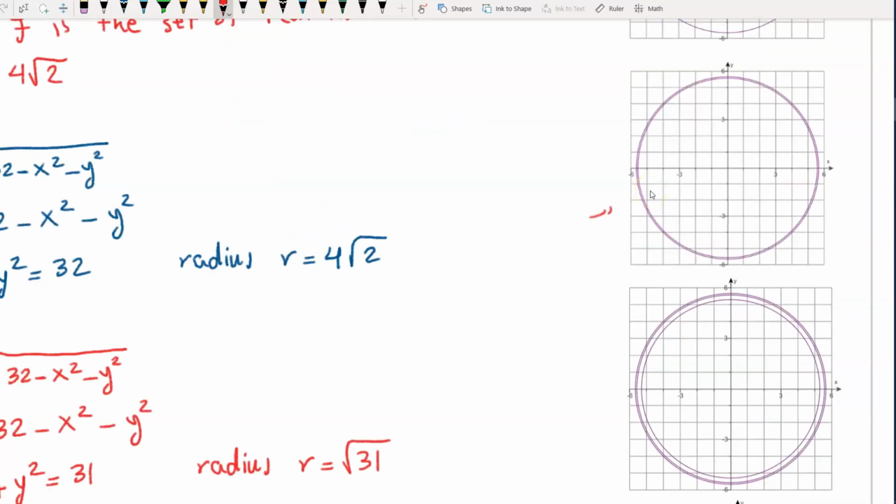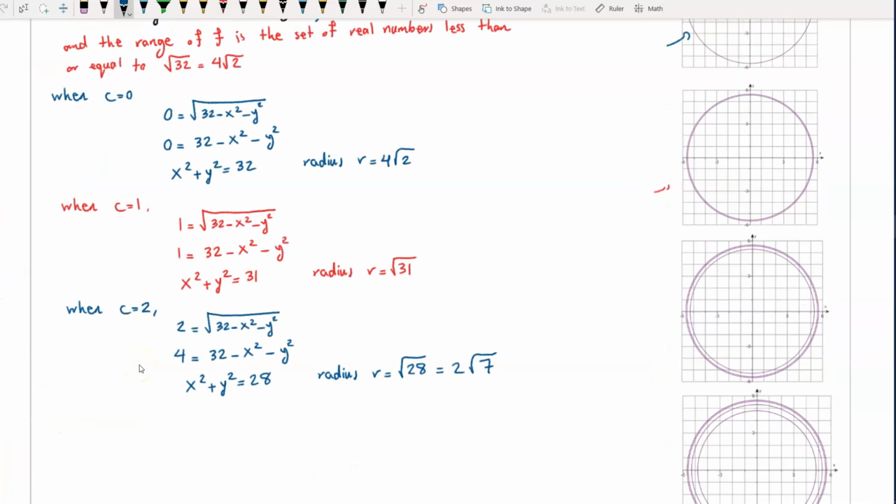And here is our graph based on these two steps, c equal to 0 and c equal to 1. For the first one we had radius equal to square root of 32, which was equal to 4 times square root of 2, and for the second we had radius equal to square root of 31. So here is where we have two circles.